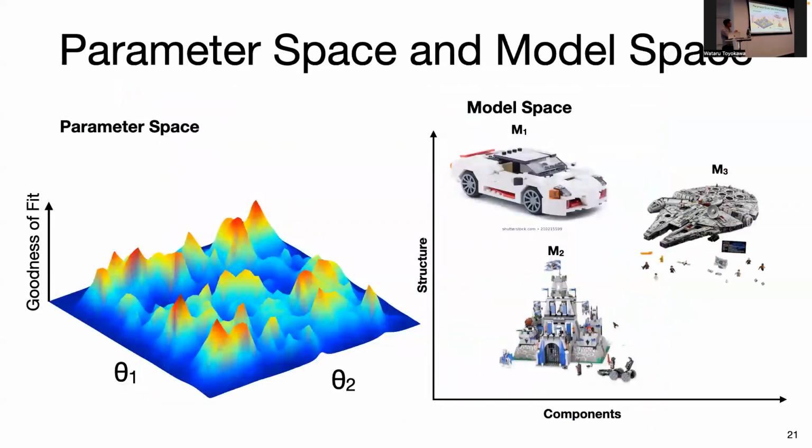Here I've shown you model estimation within a single model, where we're trying to figure out how to find the best set of parameters from the parameter space. But we also have to arbitrate between different types of models. These models might have different components, for instance, a softmax policy and a Q-learning rule. We might have different types of policies, different types of learning rules.